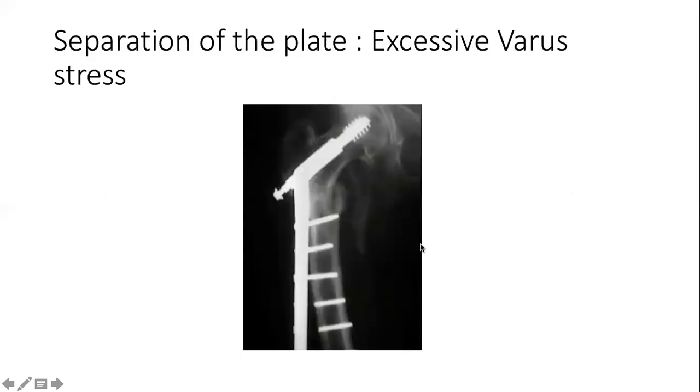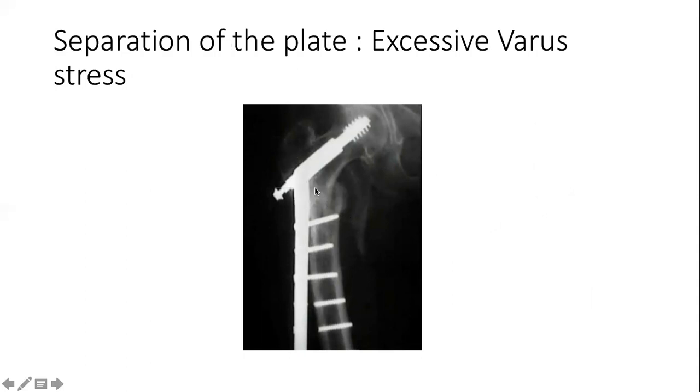Now, this is another complication that we do not see very often, but we have seen separation of the plate from the bone itself, the cortical shaft bone, and commonly this occurs when there is excessive varus stress. Now, this is of two importance. First of all, in this picture, this occurred because the implant was used in a subtrochanteric fracture pattern.